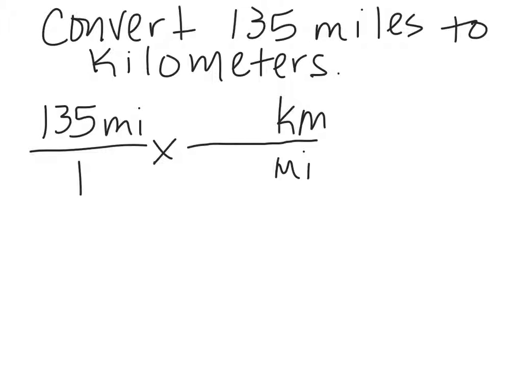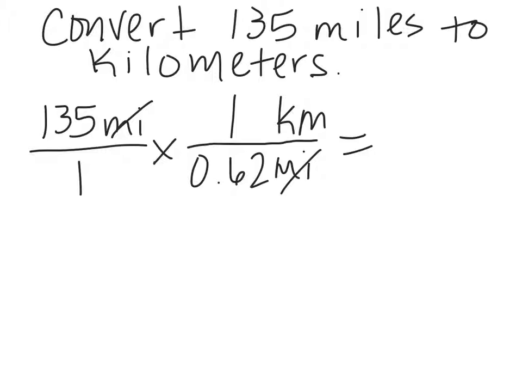Let's use 1 kilometer equals 0.62 miles. So as you say the equivalent value, fill in the numbers. 1 kilometer equals 0.62 miles. Everything's set up correctly. Miles will cancel. Now you just do the math.